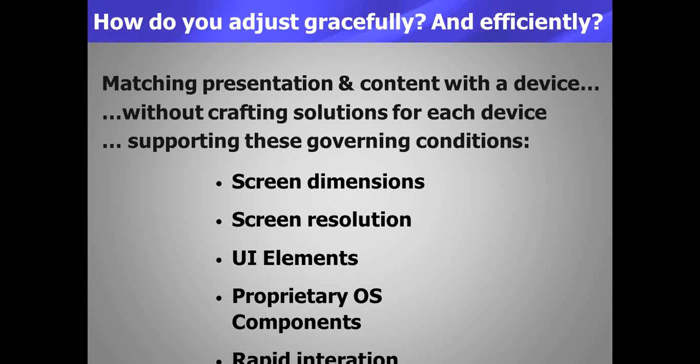Of course, there's screen dimensions and screen resolution, but different platforms have different ways of presenting user interface elements, even though the app may be doing the same thing on different platforms. Those platforms have proprietary components that we have to deal with. So there's a lot involved that, well, at least I didn't have to deal with 5 or 6 years ago.